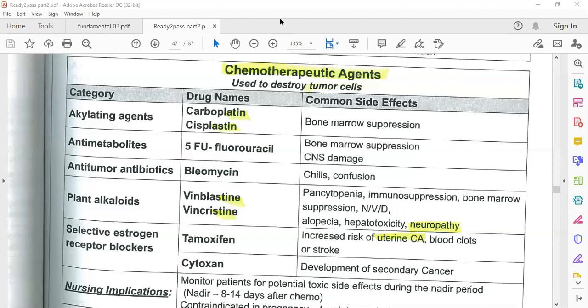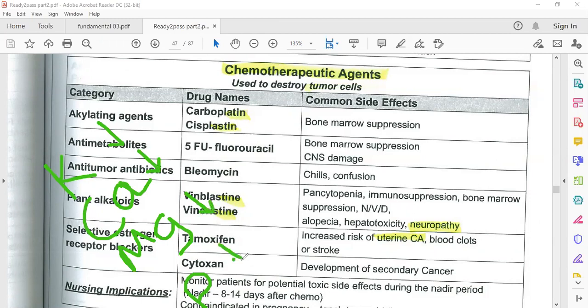So cisplatin basically causes potassium to go down, calcium to go down, magnesium to go down, and phosphate to go down, right? All of it goes down.